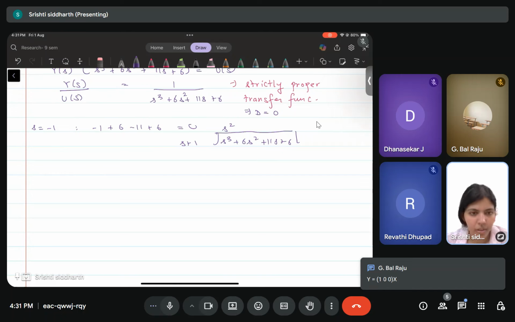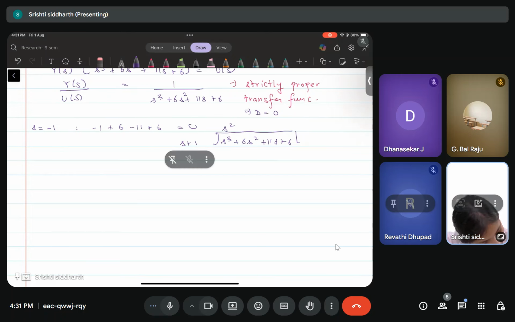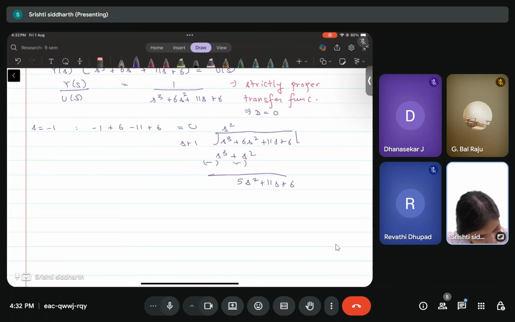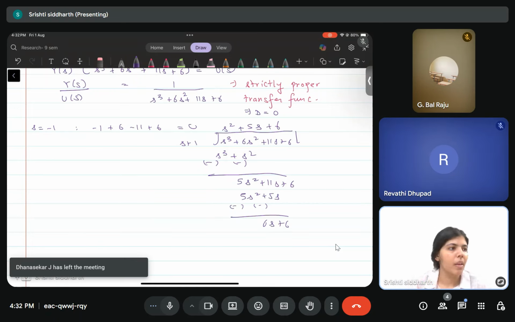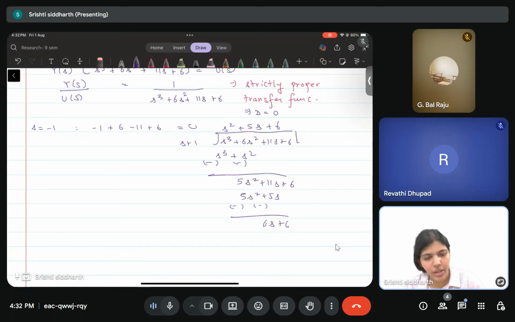So s cubed plus 6s squared plus 11s plus 6 factors as (s + 1)(s squared + 5s + 6).